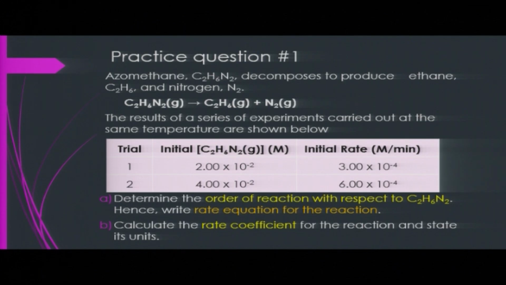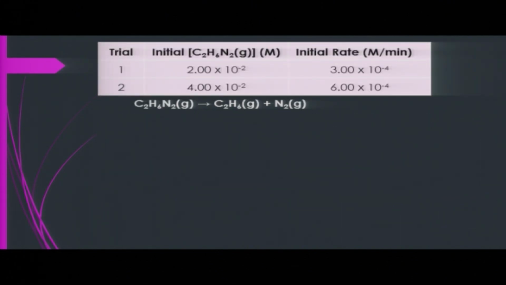Remember, from our rate of reaction, we need orders, so we must get the order from there. So let's go through it together, hoping that you've read through and you understand what is happening. One, the order of a reaction. So how do we come up with the order of a reaction?